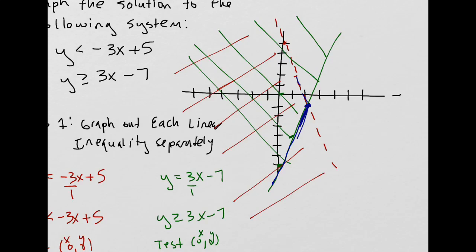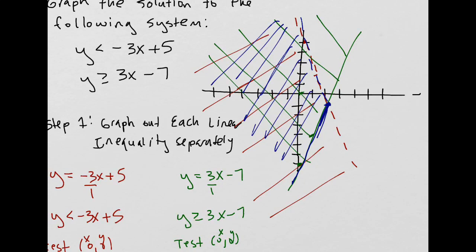We've got this dashed red line up, and then it's really this area in between the solid green line and the dashed red line. So that whole area in blue would be the solutions that are common to both of those inequalities. That would be the solution to my system.